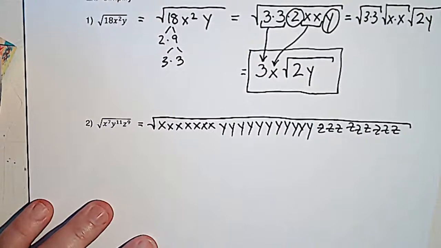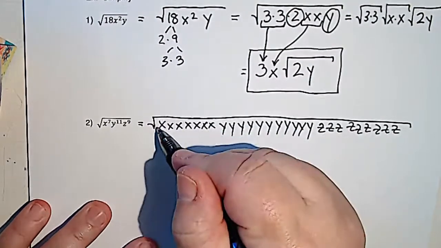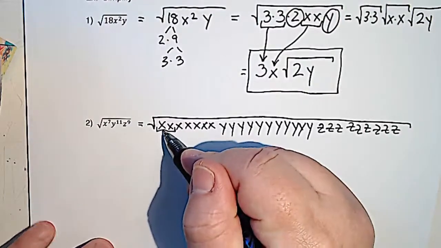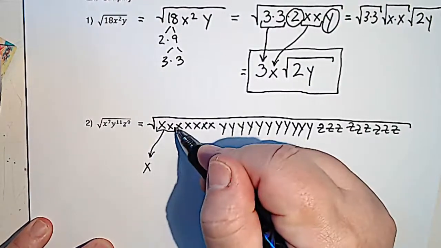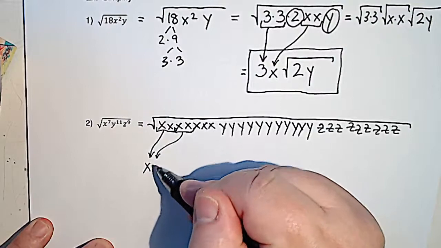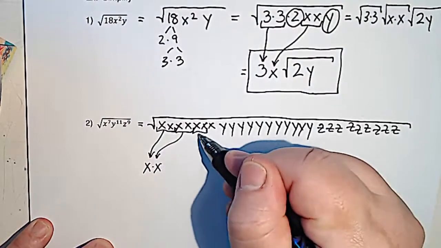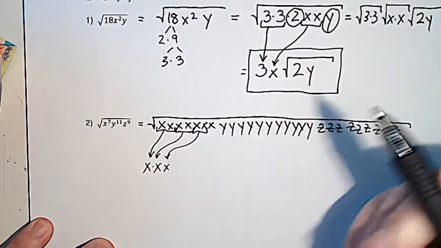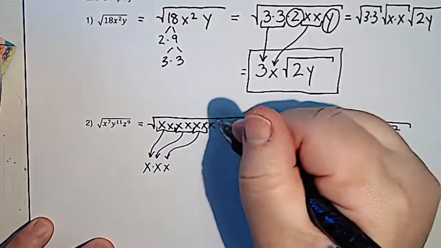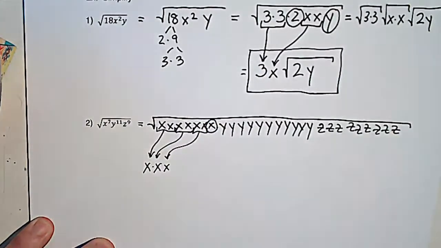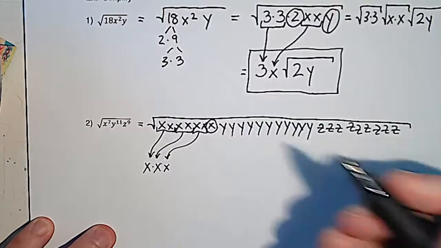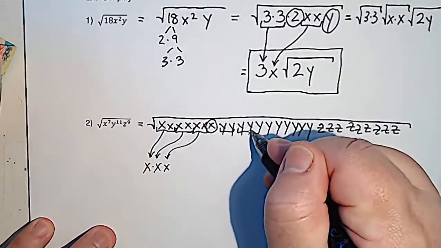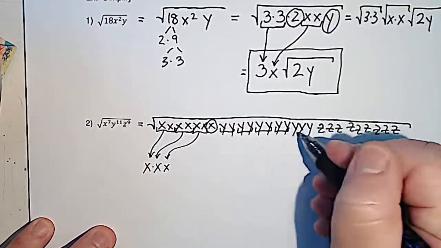You can use bear math for this. That is perfectly fine. So what would bear math look like? Well, it would look like taking 2 x's, yum yum, 2 x's, yum yum, 2 x's, yum yum, and 1 x doesn't have a friend, so it just stays in, and so on and so forth. 2 y's, 2 y's, 2 y's, 2 y's, 2 y's.